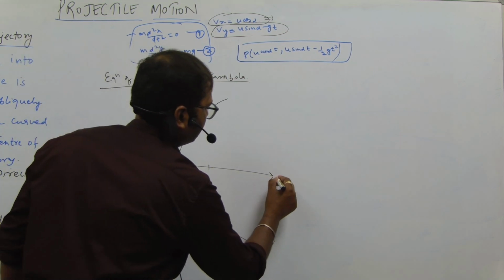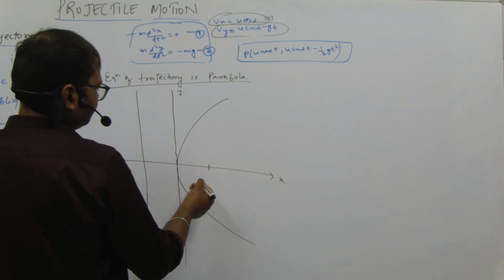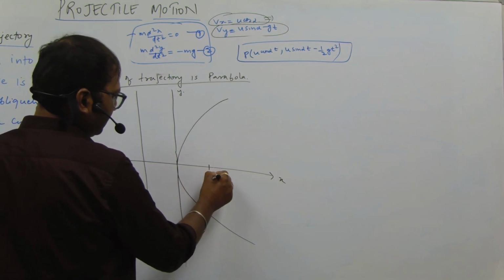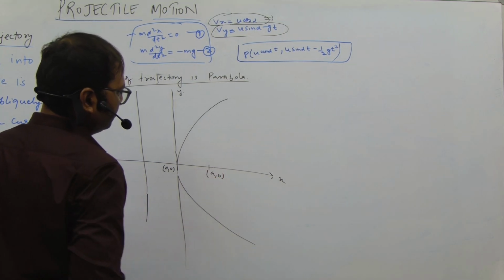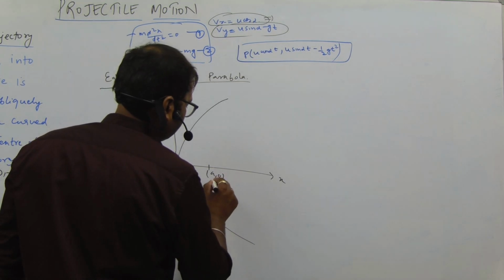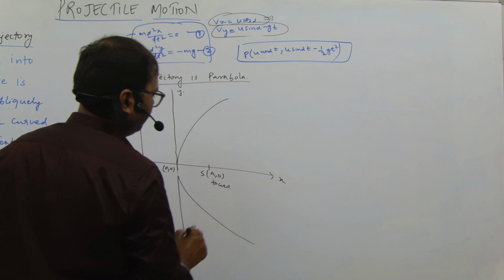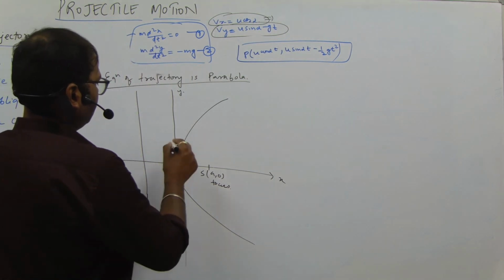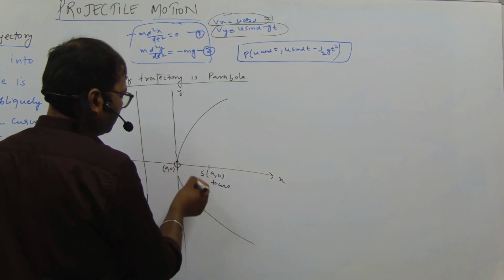This is the x-axis, this is the y-axis. This is the origin, so the focus is at a comma 0. This is our focus, S. This is the vertex of the parabola. We are not considering the projectile right now.